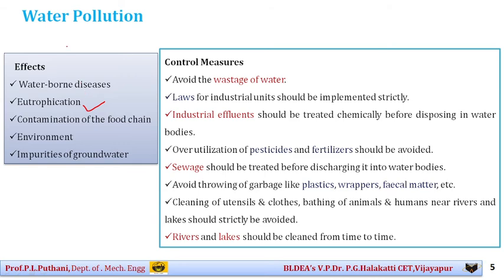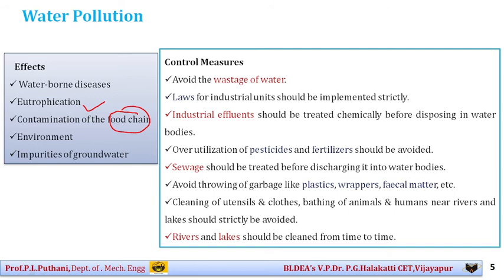Then the next is the contamination of the food chain. Students, as I said, when polluted water enters the fresh water bodies, there are fishes, phytoplanktons, and some seaweeds in them. They are all using the same water for their survival. And we human beings consume the same fish from the polluted water bodies.